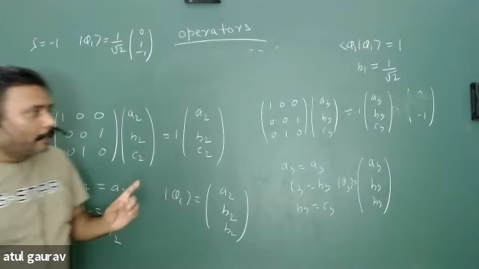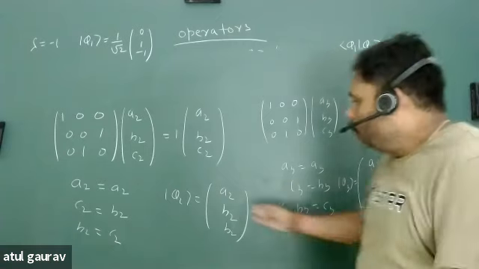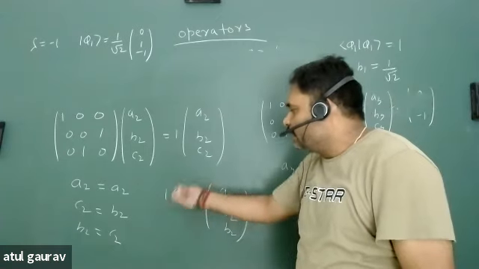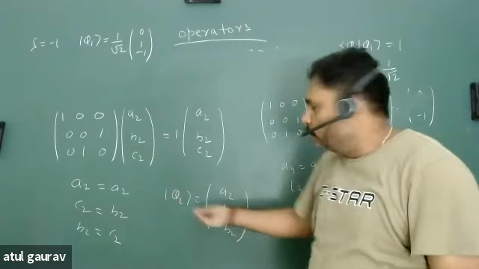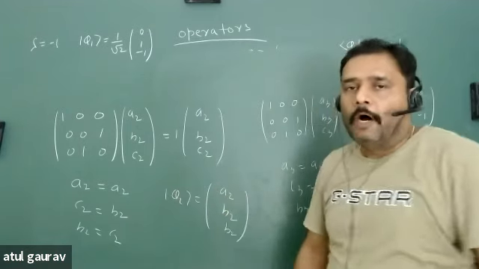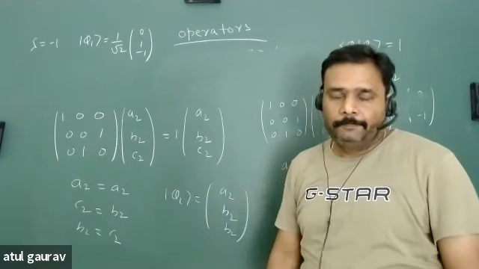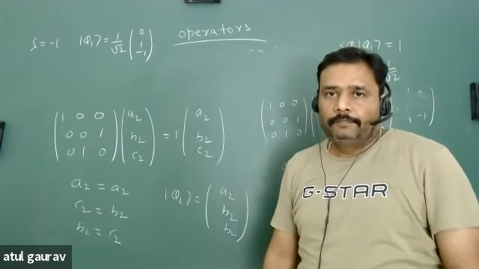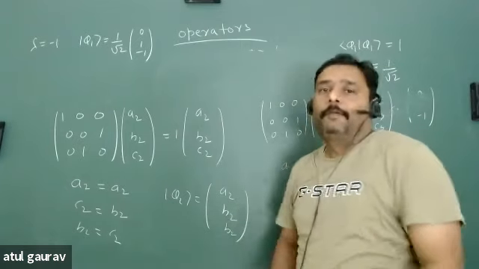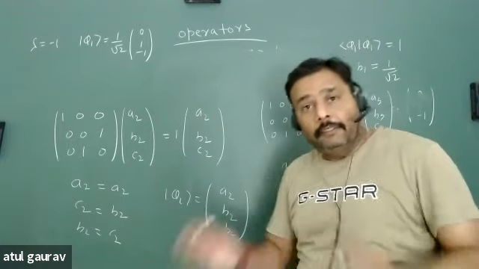So now what is the real challenge? The real challenge is: how many vectors can we construct for phi 2, of the form (a2, b2, b2)? You can find an infinite number of vectors. And in the same form, you also have (a3, b3, b3). That is also the same form.